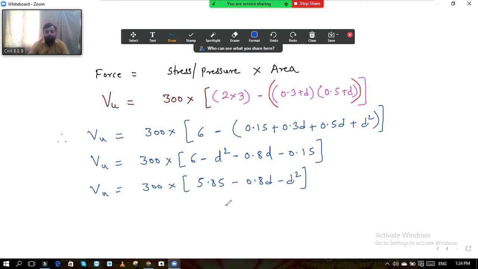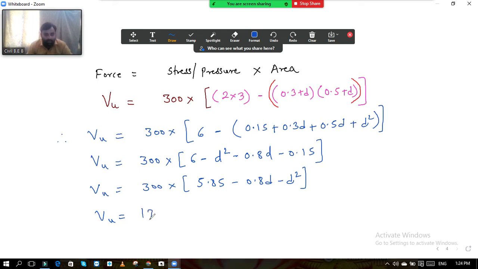Now you have to multiply this bracket by 300. So again VU is equal to multiply inside by 300. What are the values you will get? 300 into 5.85, what is the answer? 1755.